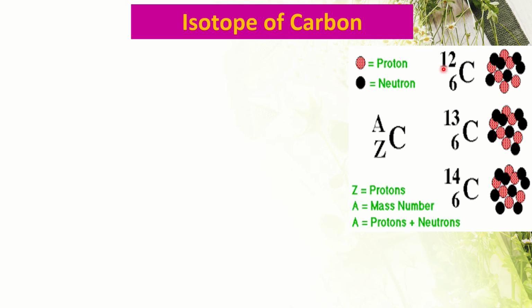So it is carbon 12 isotope. Its mass number is 12. Here, it has 6 protons and 7 neutrons, so its mass number is 13. And in the same way, it has 8 neutrons, so its mass number is 14.